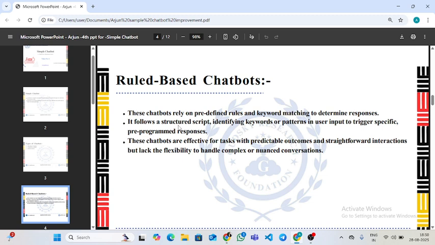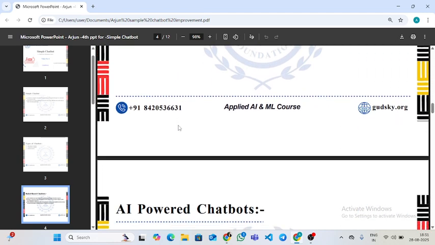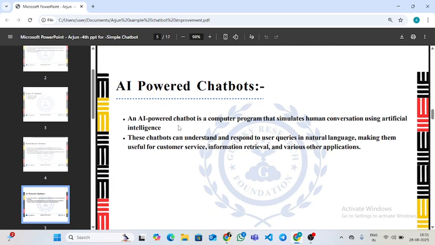These chatbots are effective for tasks with predictable outcomes and straightforward interaction, but lack the flexibility to handle complex, nuanced conversation. This is the basic description of a rule-based chatbot. You can also search on Google to see more, but this is the main point you have to remember. Now we will move to our next type, the AI-powered chatbot.